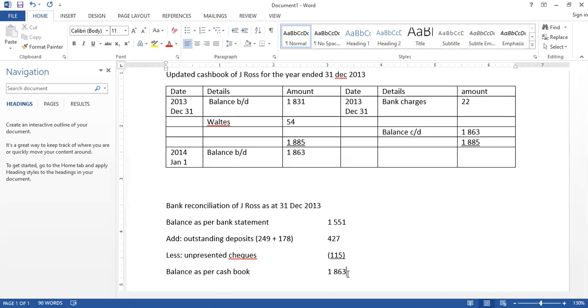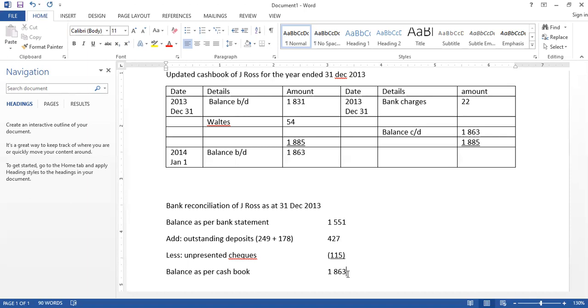Maybe the bank is the one that made an error. In that case, you need to correct that error in the bank reconciliation statement. Or maybe the business is the one that made an error while recording. So we made a mistake and therefore we need to correct our mistake in our cash book.